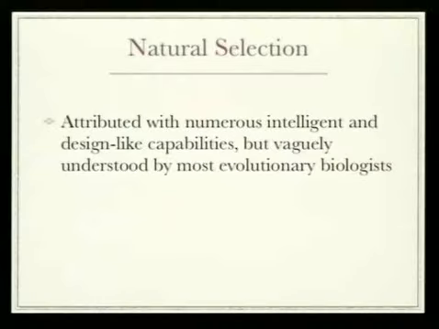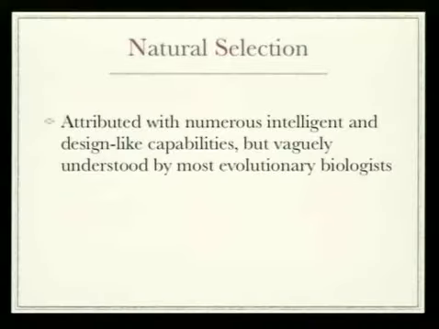Now, one other thing we need to look at here is the concept of natural selection. Over the years, natural selection has been attributed with numerous attributes that seem to be intelligent and design-like in their capabilities. In fact, there have been other papers published in science journals saying, look, we need to stop using these terms when we're talking about Darwinian evolution because they're design terms, such as selection and design.